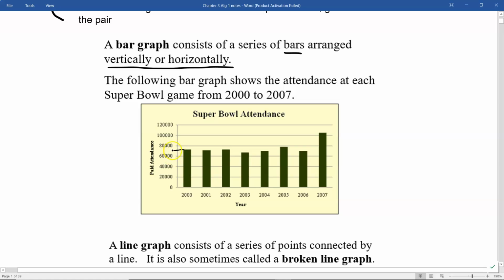So this looks a little bit more than 60,000. So we could say something like 70,000, but we could also be justified in saying something like 72 or 71,000 as an estimate for the year 2000. And this is how we read these types of graphs and also how we get information from it.